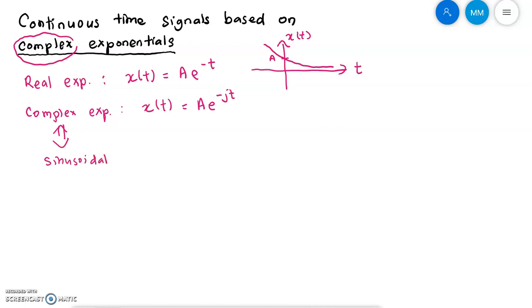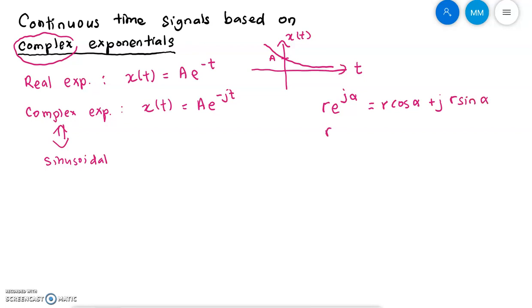So how are we going to relate them? First, if you can recall the Euler formula, when we have any value of r e to the power of j alpha, we can write it as r cos alpha plus j r sin alpha, right?